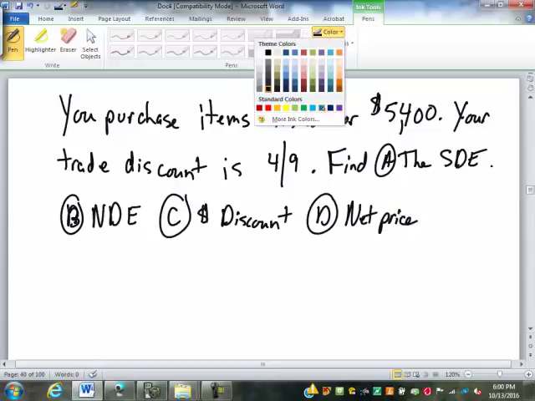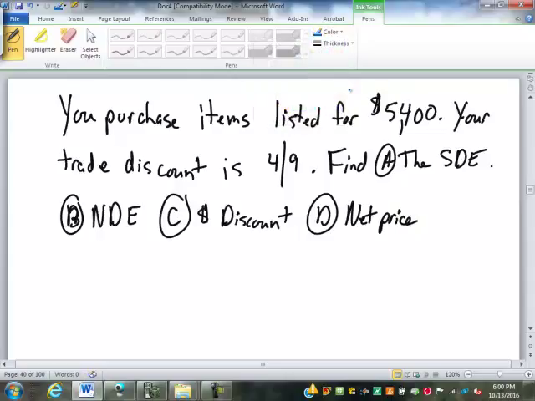Now, this really isn't as hard as it looks. So finding that single discount equivalent. Remember, what do I have to know before I can do that? I actually have to know the net decimal equivalent first. So I'm going to have to find that first. And how do I find that?